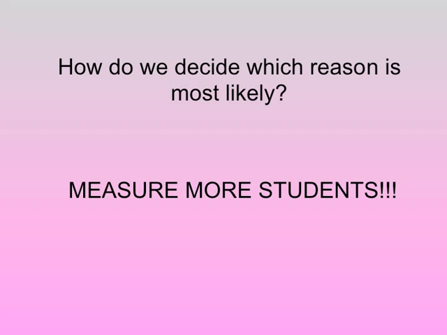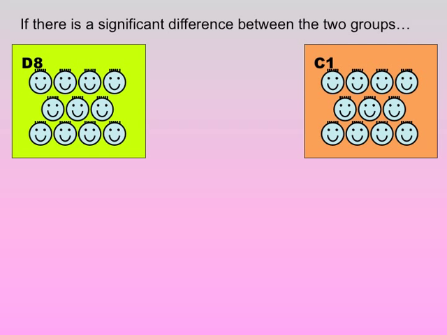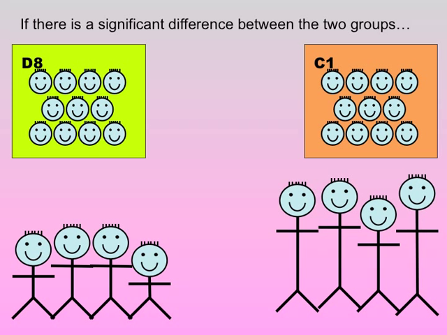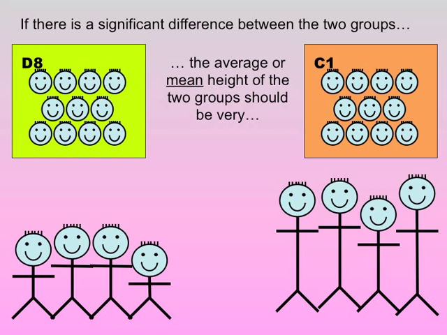So in order to decide, we need to measure more students. If there is a significant difference between these two groups, okay, we measure more students, we can see that a lot of the students from class D8 are going to be short, and a lot of the students from class C1 are going to be tall, so the average, or the mean height, of the two groups should be very different.